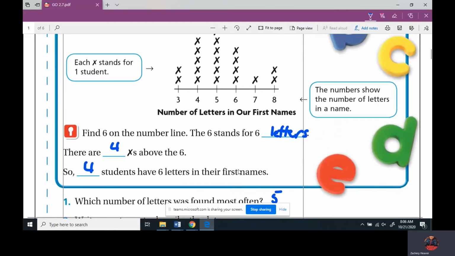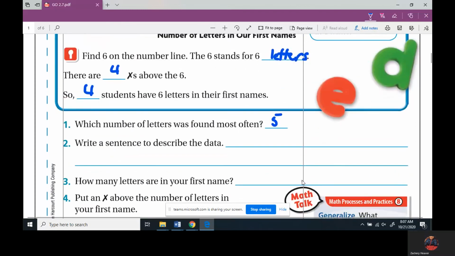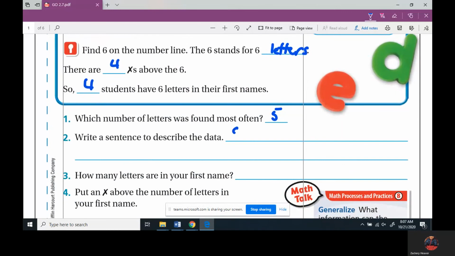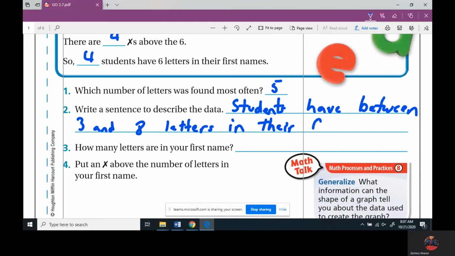So we can say students have between 3 and 8 letters in their first name.